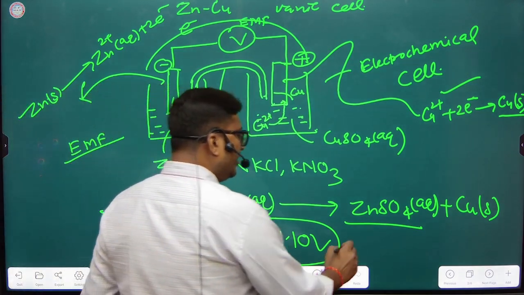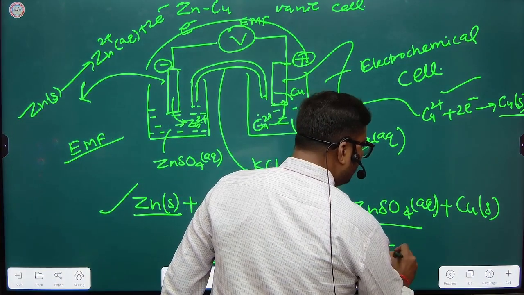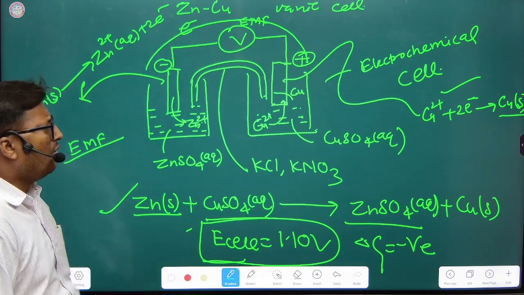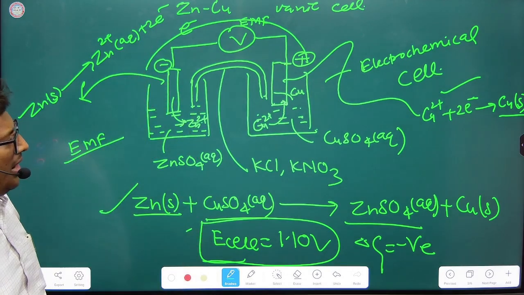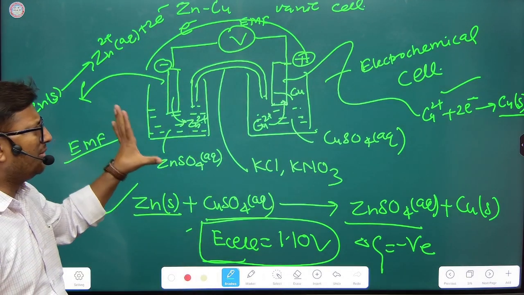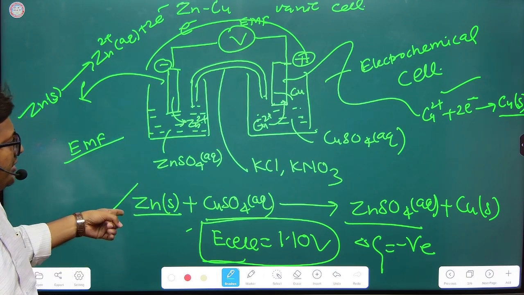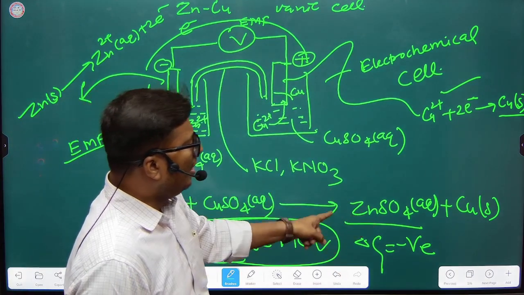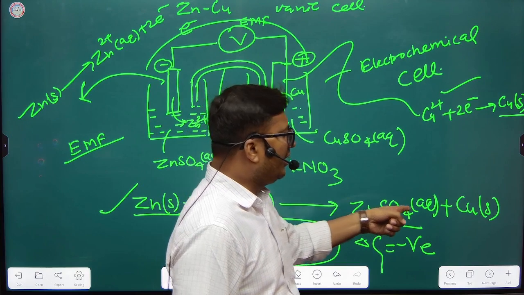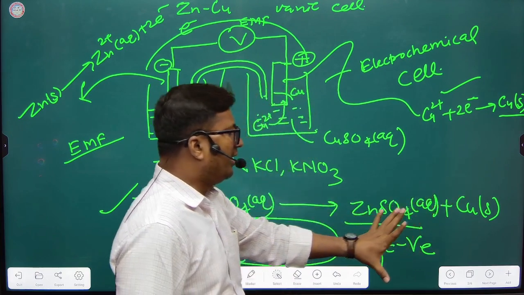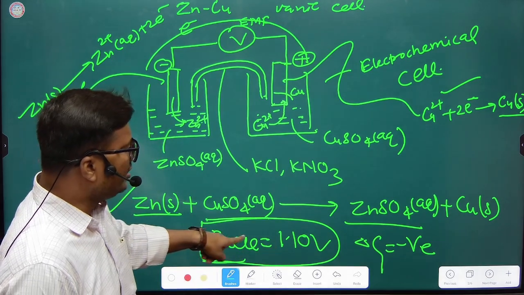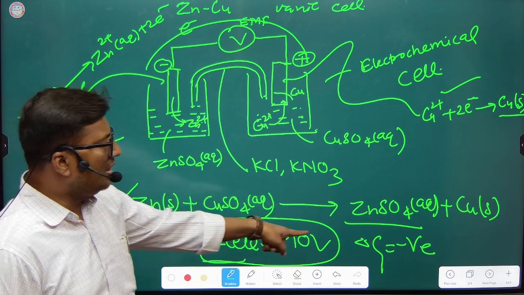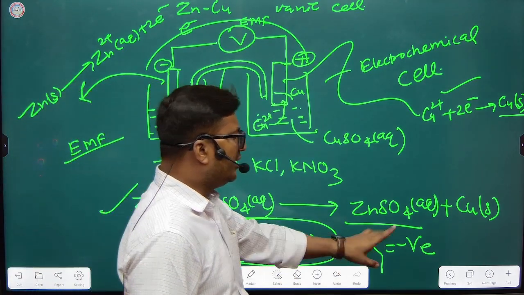So the change in Gibbs free energy is negative. It means once this electrochemical cell is set up, it is thermodynamically feasible, meaning the redox reaction occurs spontaneously in the forward direction to form zinc sulfate aqueous plus copper solid, and its resultant cell potential is 1.10 volt, right? And that is why it gives a change in Gibbs free energy that is negative.